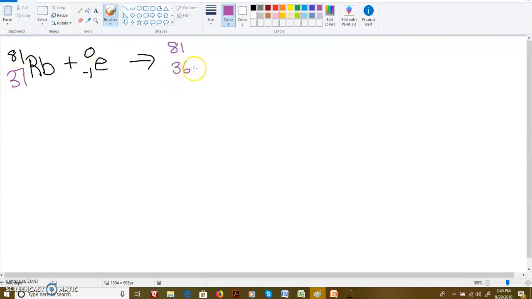But how do I determine what this particle is? If you told me that it was because of the protons, you are right. Protons tell me the identity of my substance.